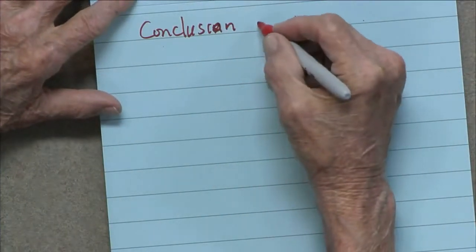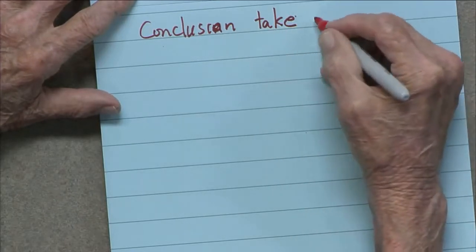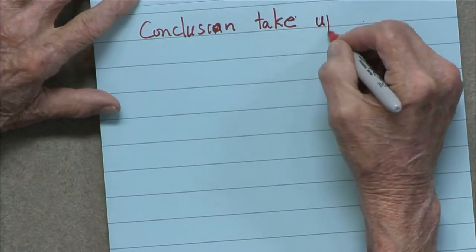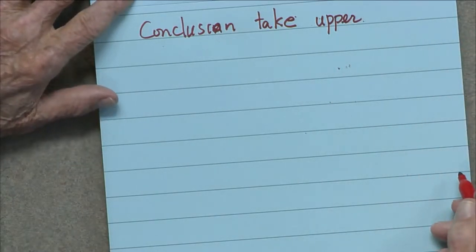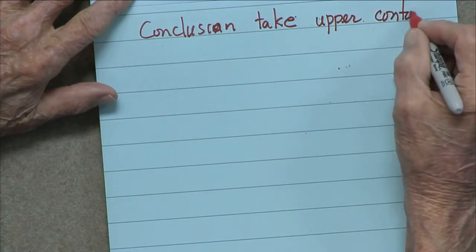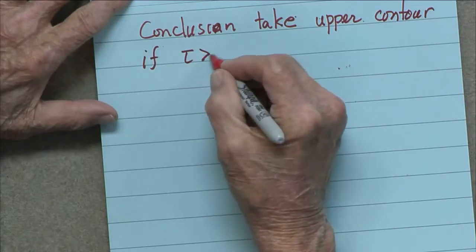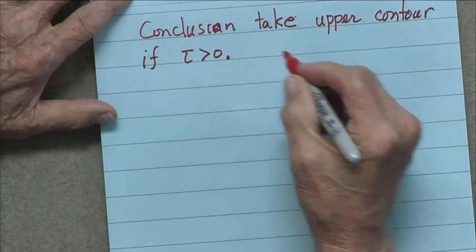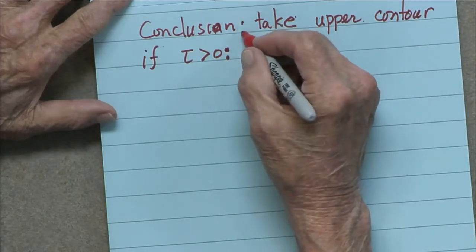So here's the conclusion. Take the upper contour if tau's positive. Conclusion.